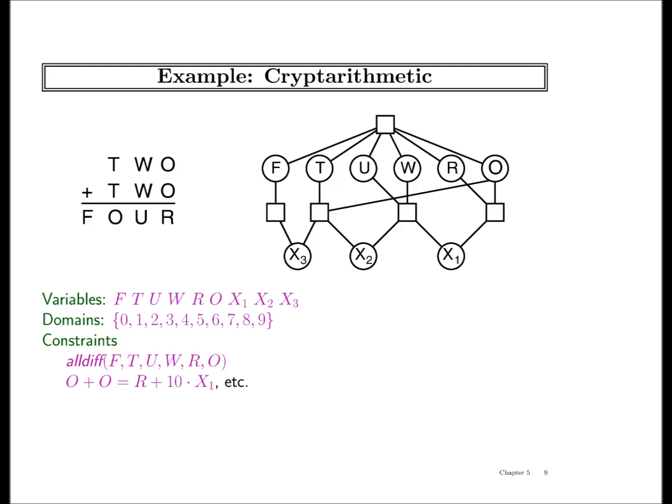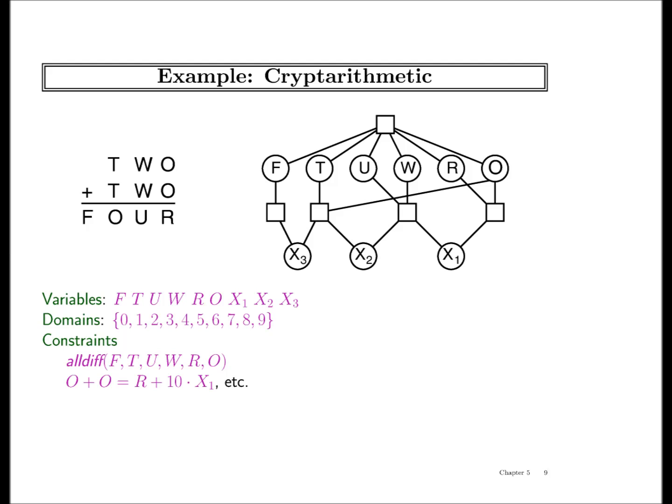So how do you do that? One way would be to say 100 times T plus 10 times W plus O is equal to 1000 times F plus and so on and so forth. Basically saying that this is a correct addition.